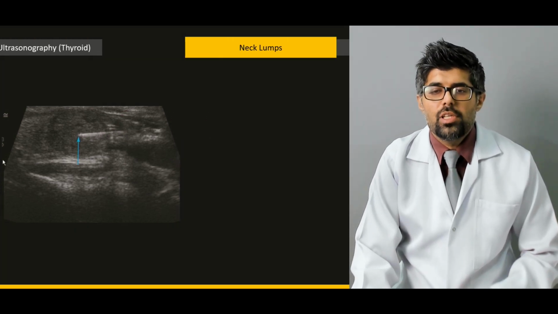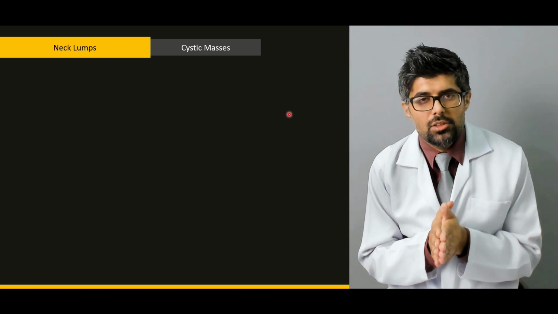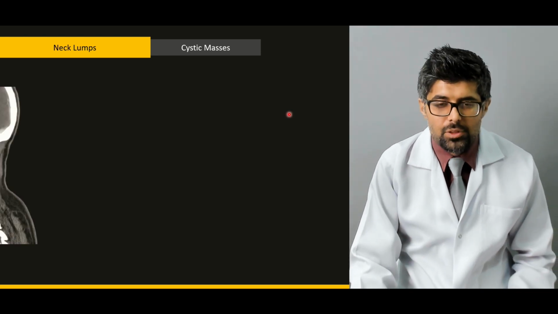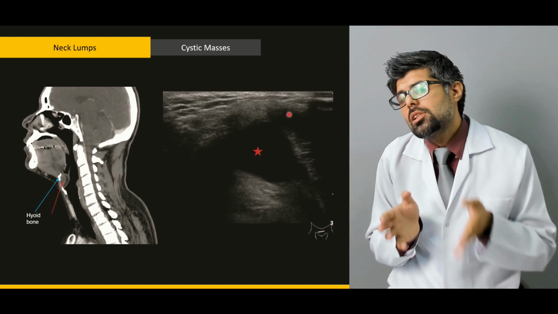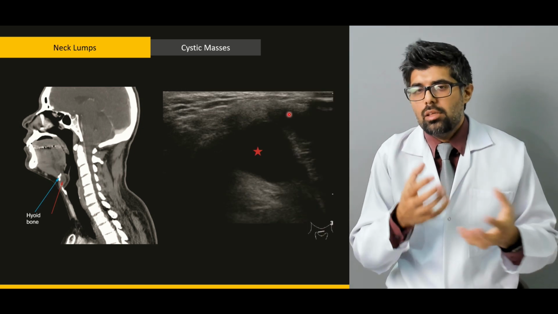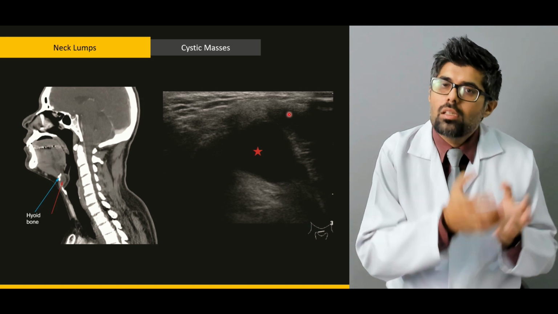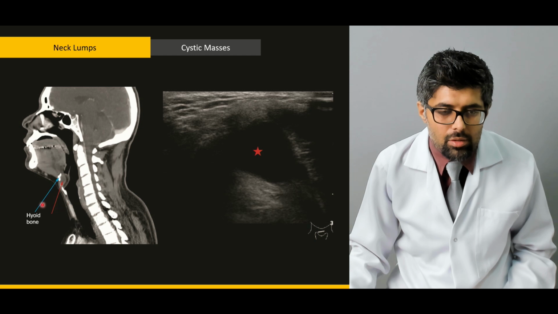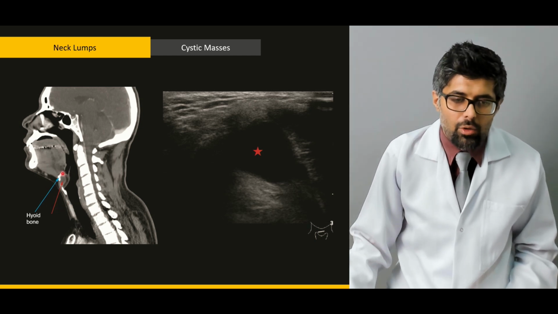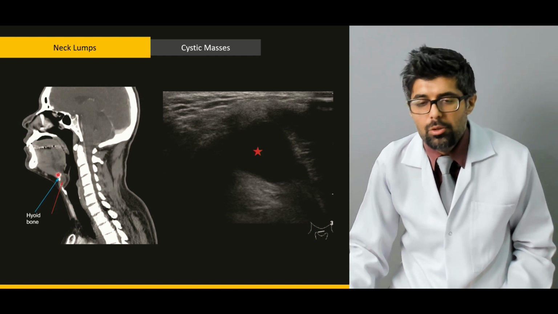Next we have the cystic masses in the neck lumps. Now, one of the most common cystic masses in EENT is the thyroglossal cyst. Here it is marked with the red arrow beneath the hyoid bone.